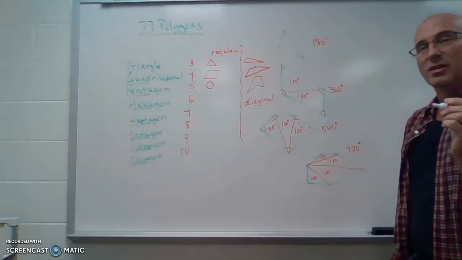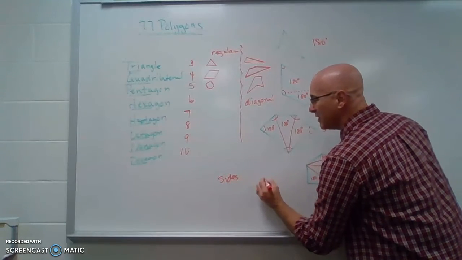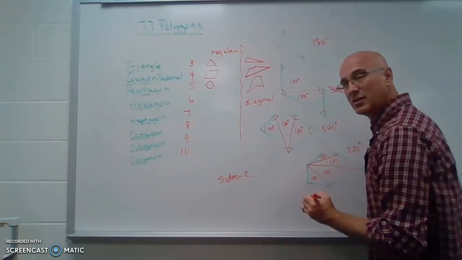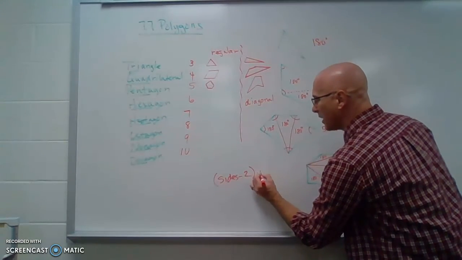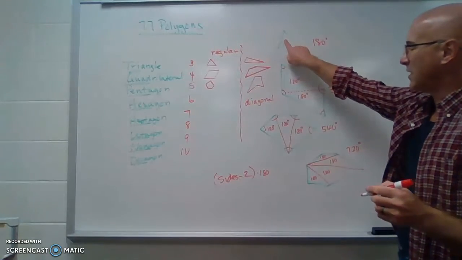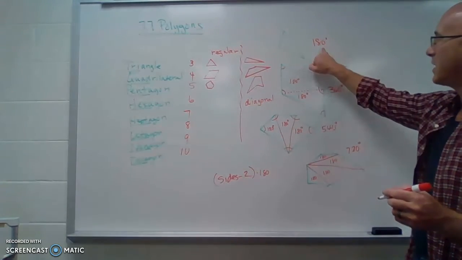What we do is we take the number of sides, subtract 2, and then multiply it times 180. So if I have a three-sided figure, 3 minus 2 is 1, times 180 is 180.